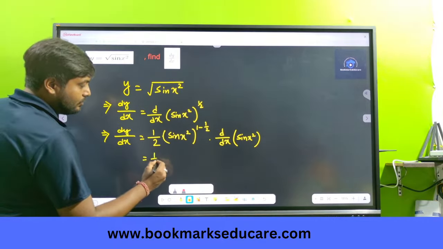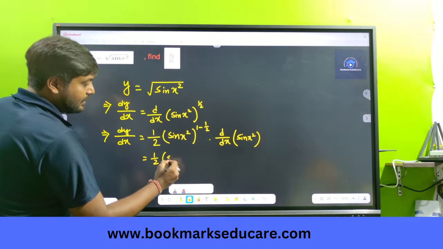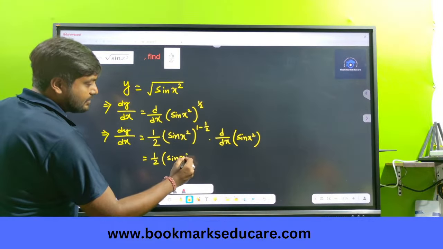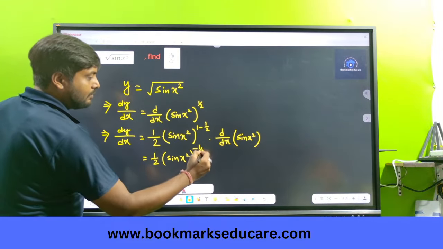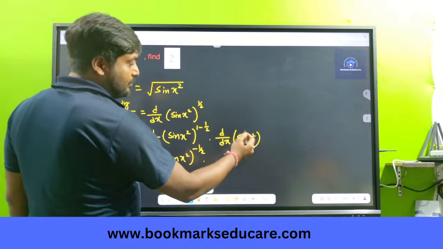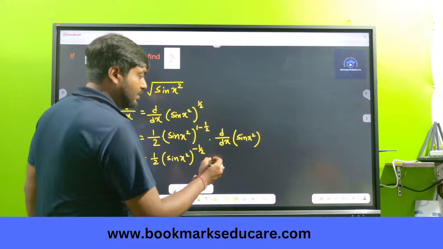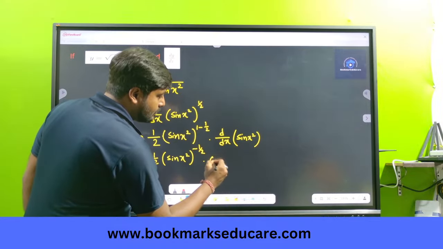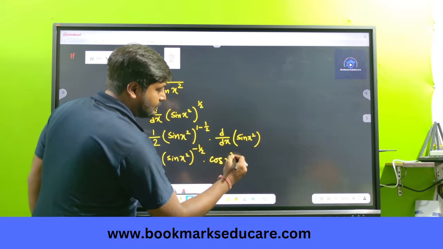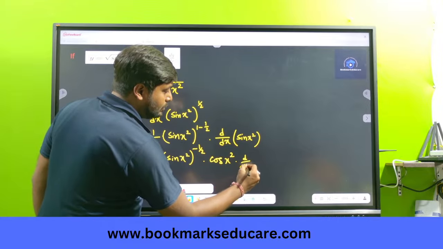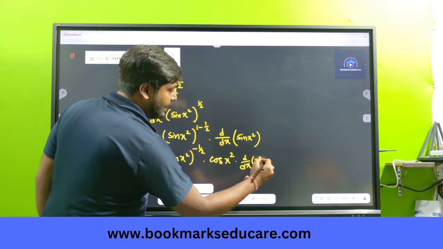Now let's proceed. 1 by 2, and it will become sin x square to the power minus 1 by 2. And after differentiating sin, we will get cos x square, and then we will have to differentiate further x square.